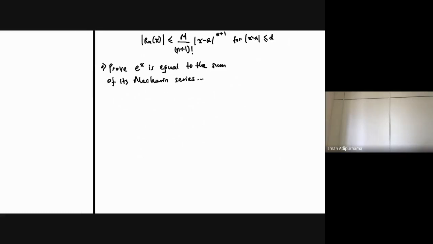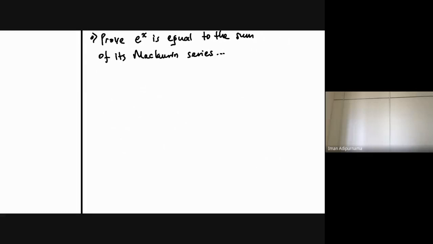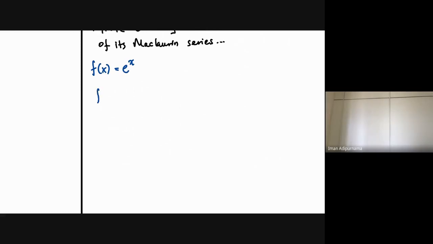But let's see from here. The function e to the x, and let's write the (n plus 1)th derivative. It's still e to the x, for all n.